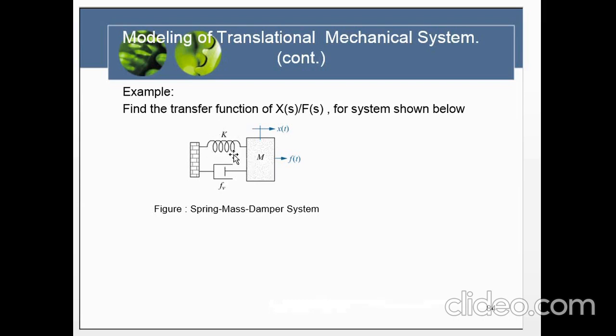There is the spring and there is the damper. K is the spring constant, f_v is the damping constant, and m is the mass of this system. Again, x(t) is the movement of m.